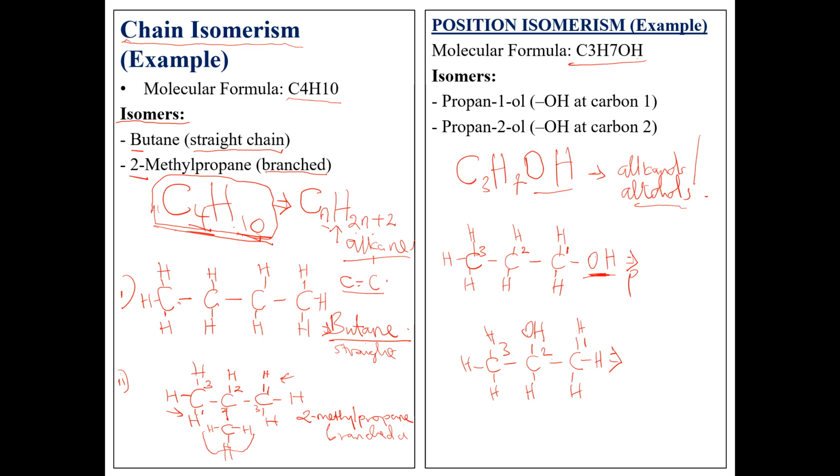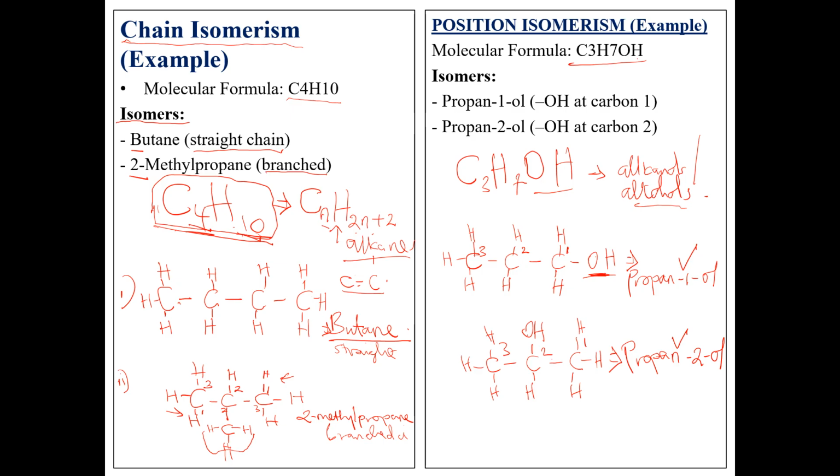So we can call that one propan-1-ol. Are you seeing that? Then this one is on carbon 2, so you say propan-2-ol. So you can see that that becomes our very good answer, showing the position isomerism.